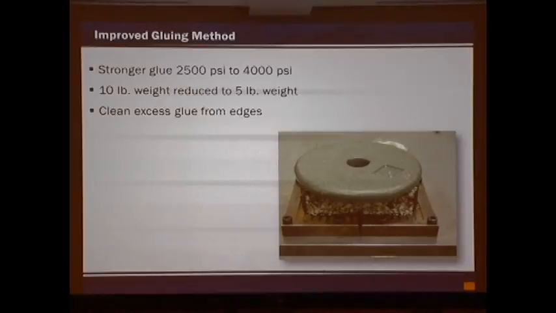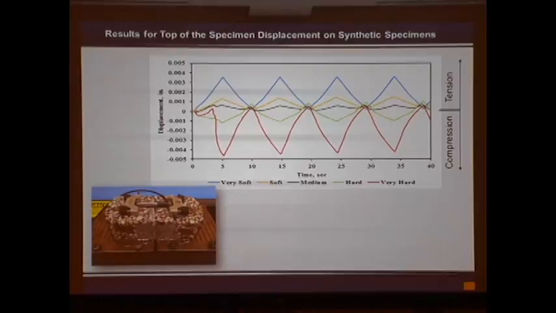And also, this was kind of a simple thing. We started doing some analysis and realized that just by cleaning the excess glue off the edges, that made a difference. In other words, this one you see here where it's cleaned up, and this one, see, I did it again. This is what usually happens: when the glue came out to the side here, we were starting to see stress concentrations out here on the side.